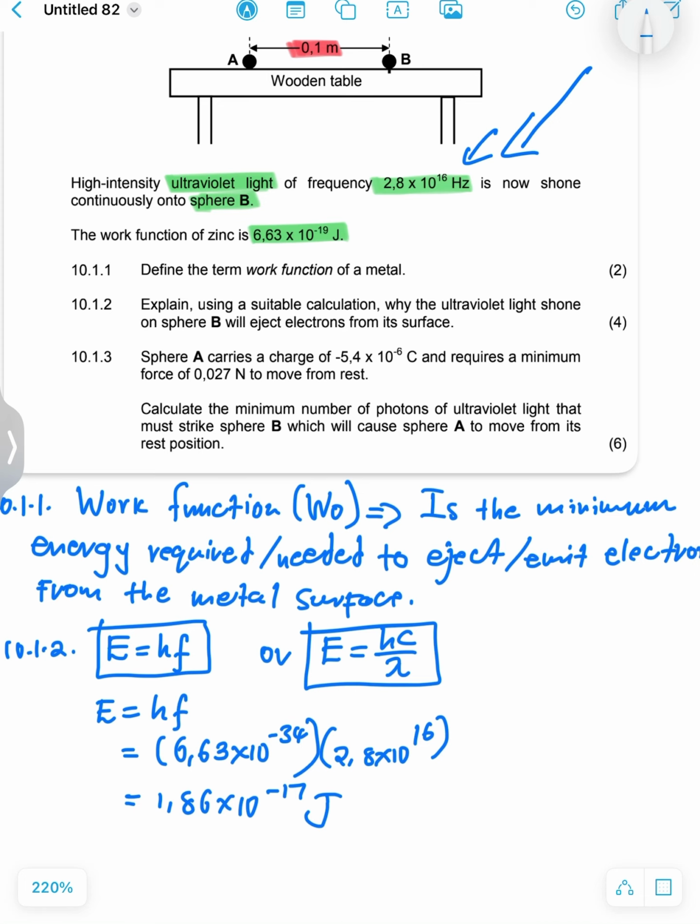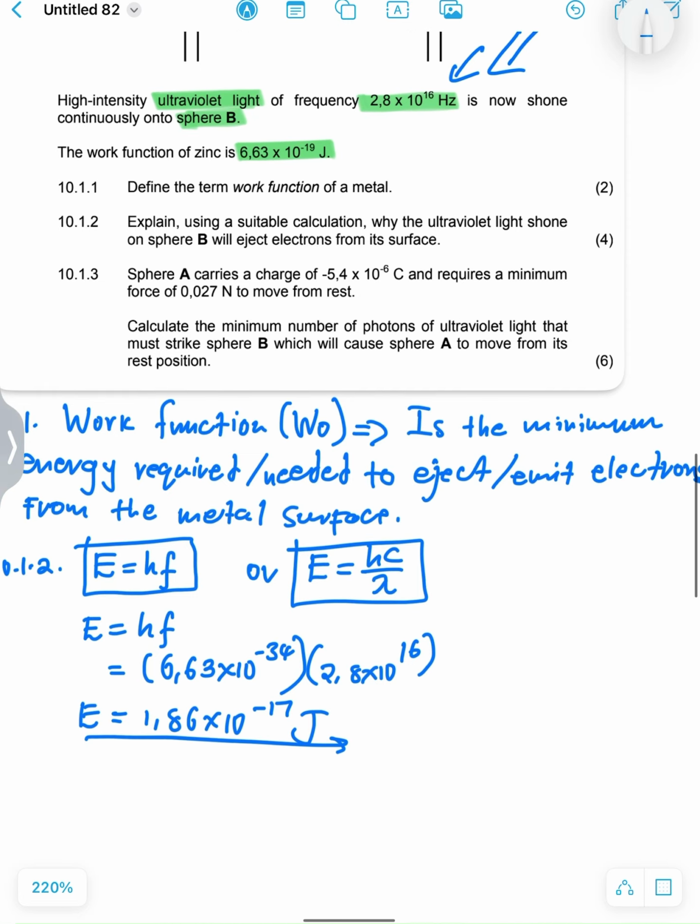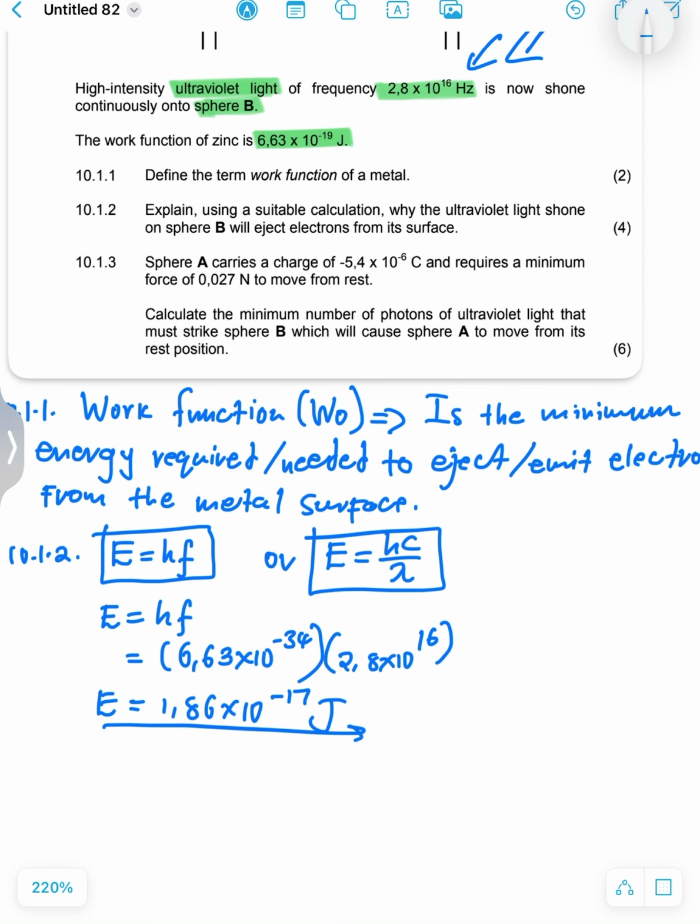So if this is the energy of light, we want to see, when we compare it with the work function of zinc, is it more or is it less? So when you look at the work function of zinc, it is given as 6.63 times 10 to the power of negative 19.